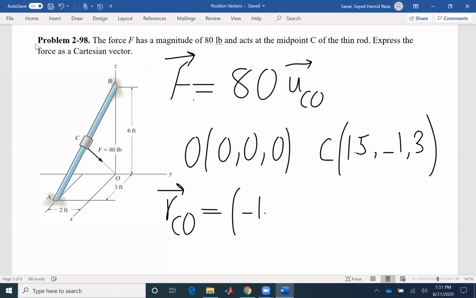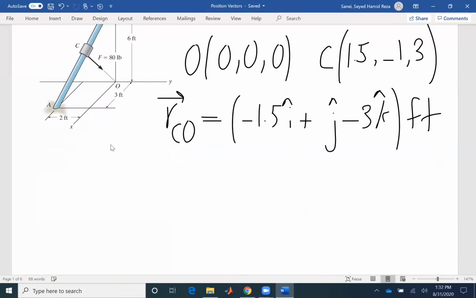That would be -1.5i plus 1j, and 0 minus 3 would be -3k. And the unit system is feet.